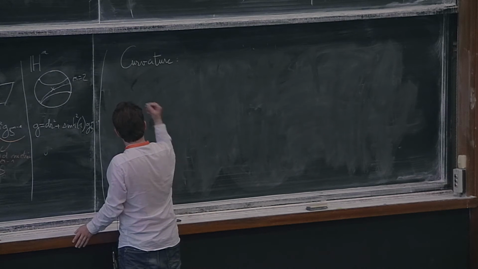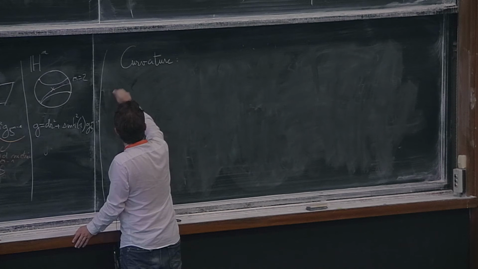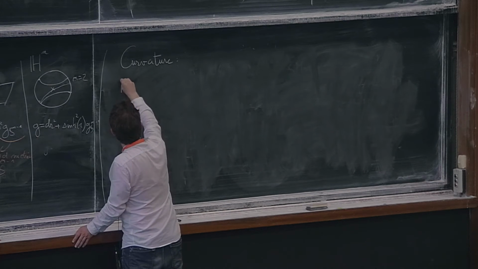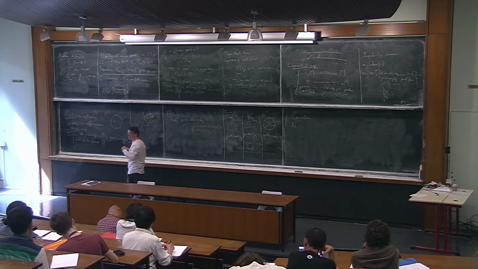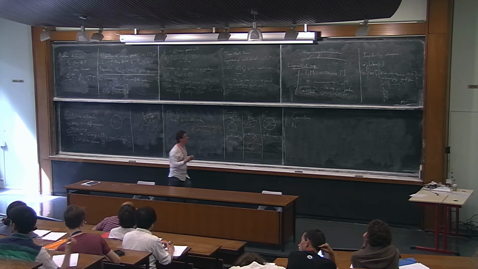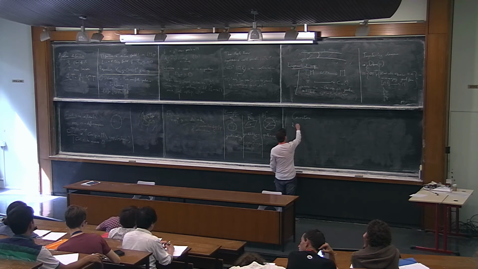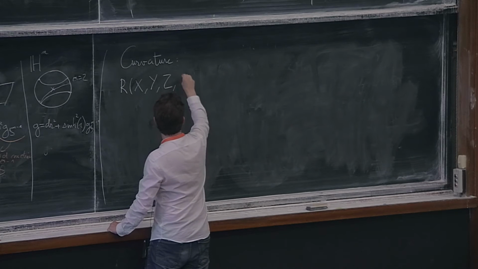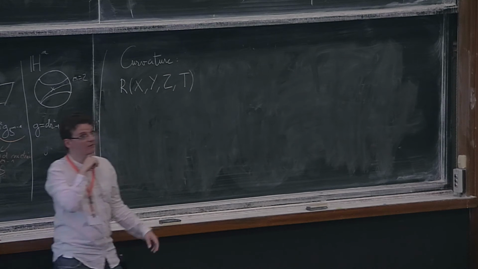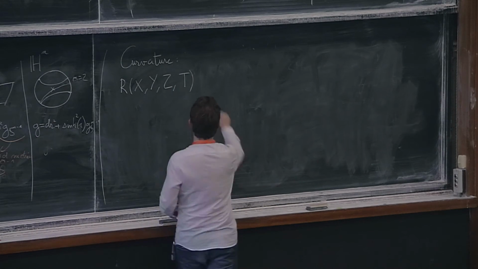So, what is R? R is the Riemann curvature tensor. It can be seen in the following way: it's something which eats four vectors and gives you a real number, and you compute it that way.